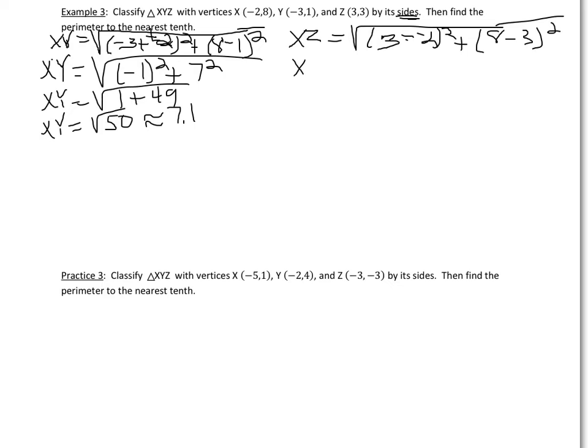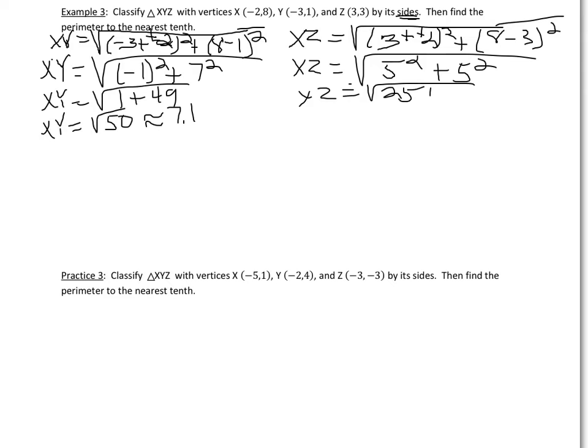So XZ is equal to the square root of, this will be plus a positive, so 5 squared plus 5 squared, which gives me XZ equal to the square root of 25 plus 25, or the square root of 50, which is the same as the last one.